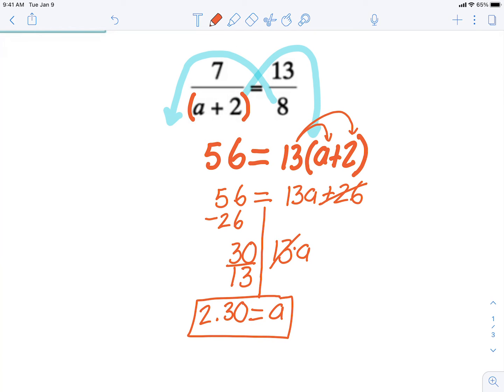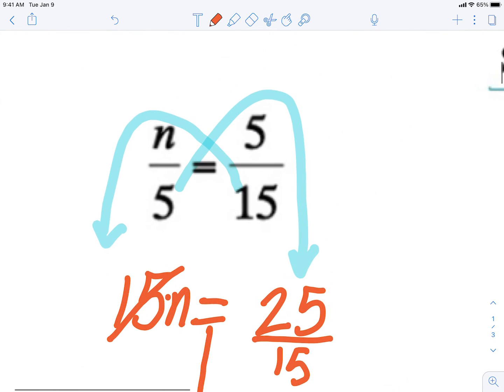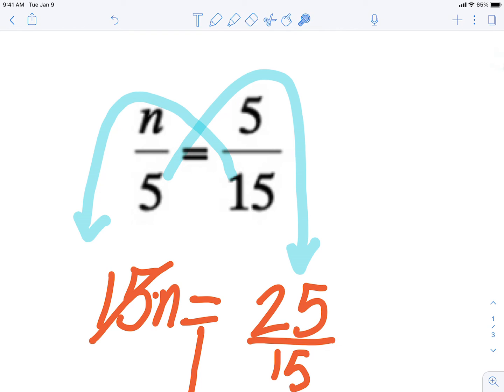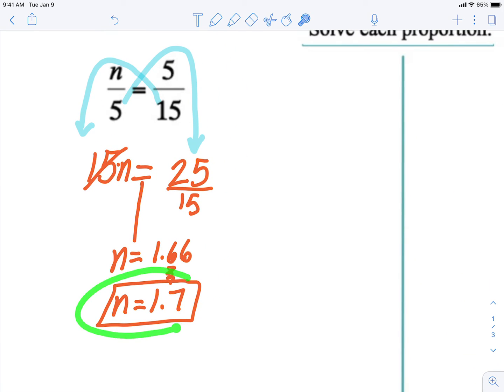All right, so I found my proportion. Proportion means that they're equal. On this one here, if 5 goes with 15, then what number goes with 5? And we found out what it was: 1.7. So if 5 goes with 15, then 1.7 goes with 5.